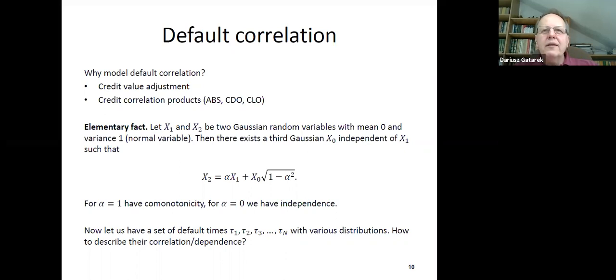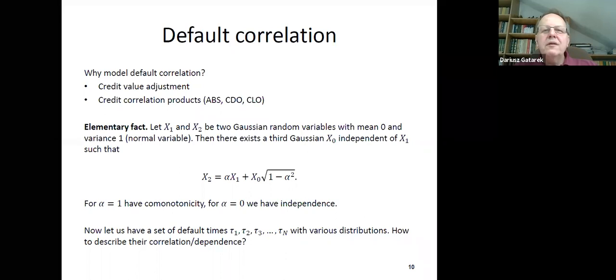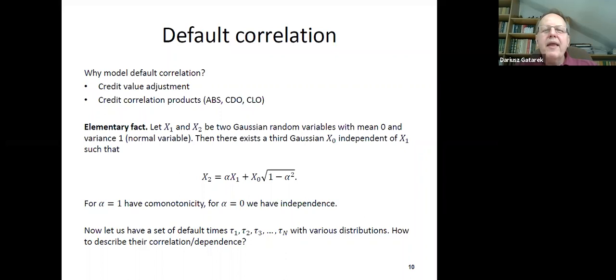But there is one but with credit, what doesn't appear for interest rates. This is default correlation.